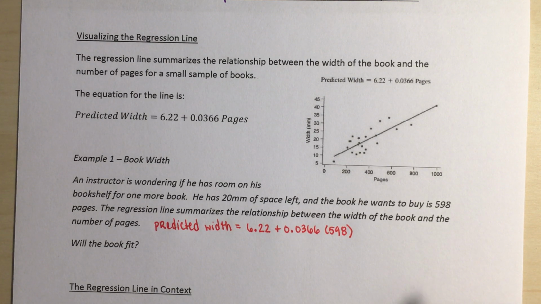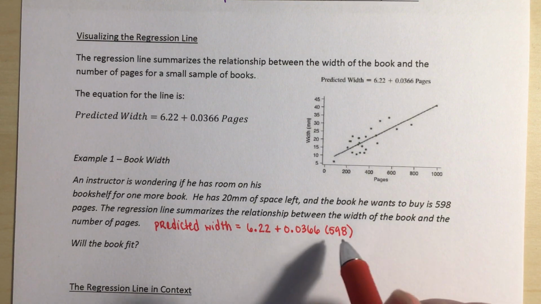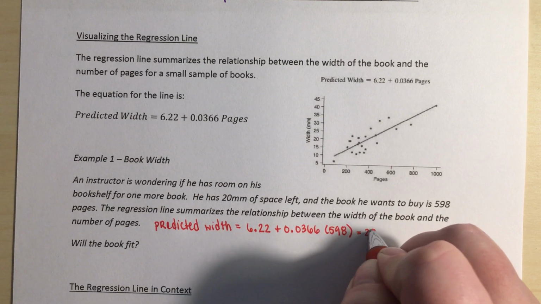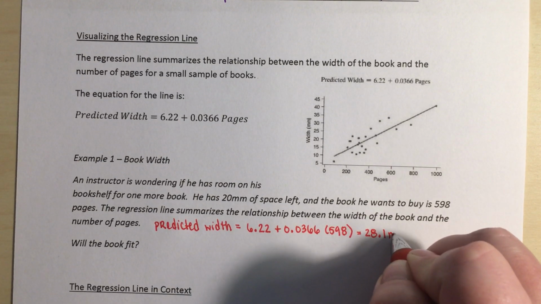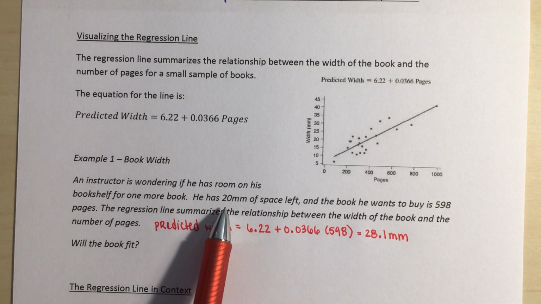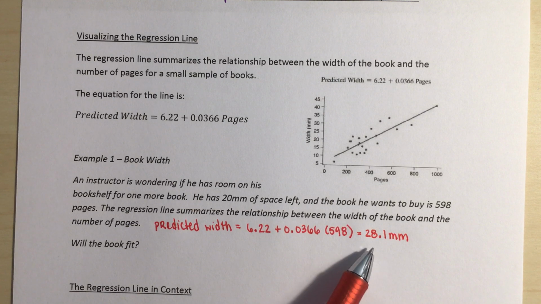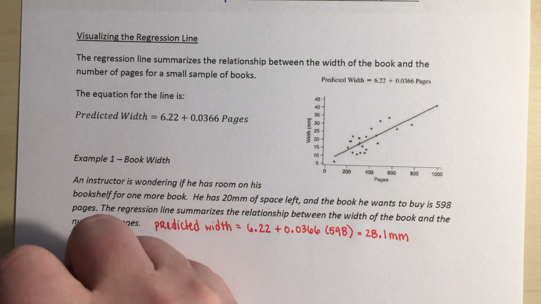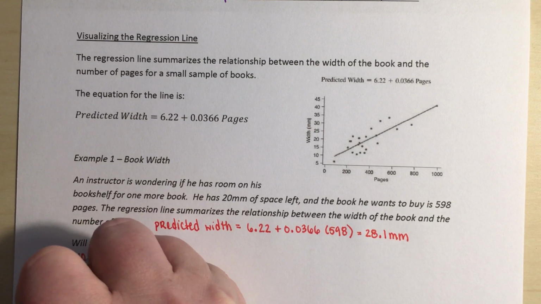If we go through and do the calculations, type it into your calculator all at once, or if you're doing it in 2 steps, multiply, then add, we get 28.1 millimeters. All right, so looking at this, will the book fit? Well, we only have 20 millimeters of space left. This is much larger. So we're going to say no.